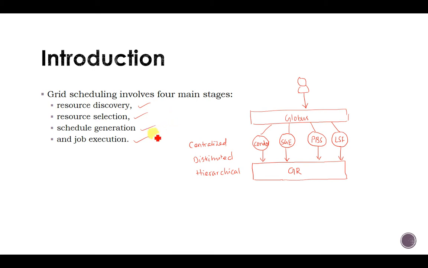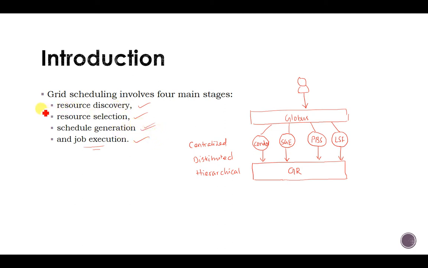Everything must be considered, and that needs a schedule, meaning which job is going to be executed after which. After generating the schedule, job execution starts, and there is not much to say about it, because you have already created the path for execution with these three methods. So let us discuss them one by one.